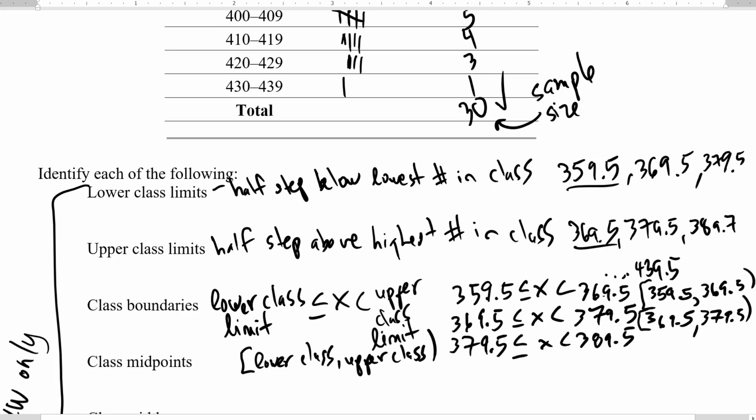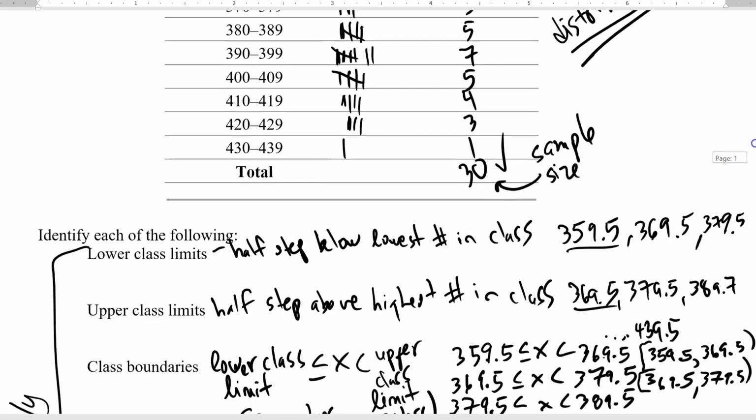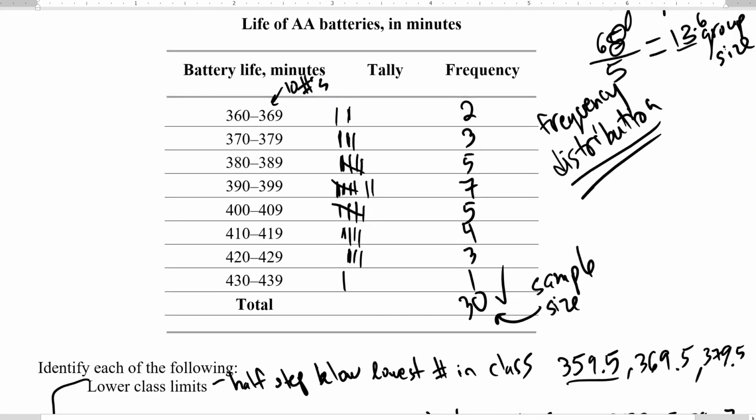I'm pretty sure they use the inequalities in the homework, but either way, both are fine. So basically, when I look at this first class, what are the limits? Well, this one goes from 359.5, included, and up to but not including 369.5.